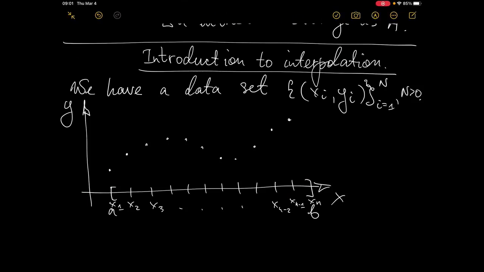This is correspondingly y1, y2, y3, and so on, yn minus 2, yn minus 1, yn.